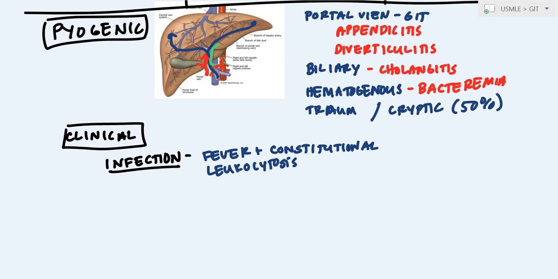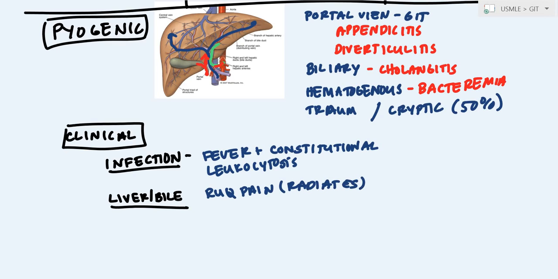Then the other symptoms are going to be related to the liver and bile. So whenever you have problems with your liver and bile, you're always going to get certain types of symptoms, and this is primarily your right upper quadrant pain, which radiates to the interscapular area, or just to the back, or to the left shoulder in the back.